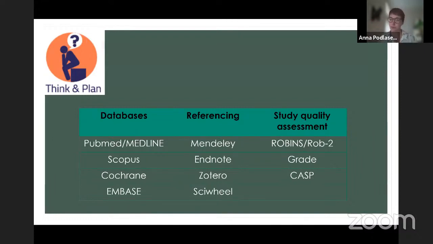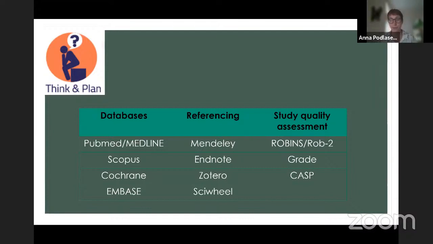But EndNote is very popular, especially amongst universities. Zotero and Sybase are other alternatives. I think that Word and Google Docs also have their own options to do referencing, if you really want to avoid the others. And also when you are reading studies, you always have to keep in the background of your mind whether this study is okay. Is it a good quality study that gives me information that I can trust?